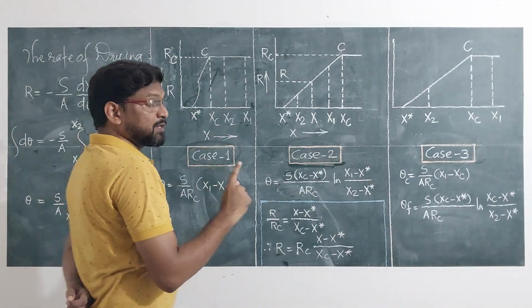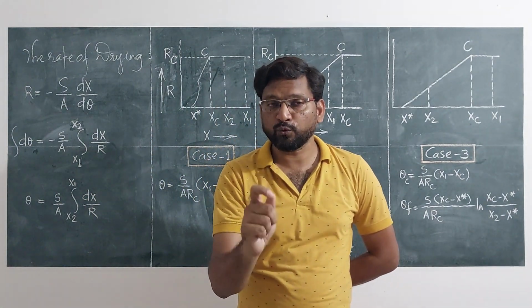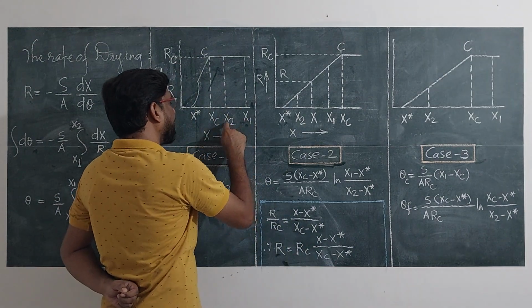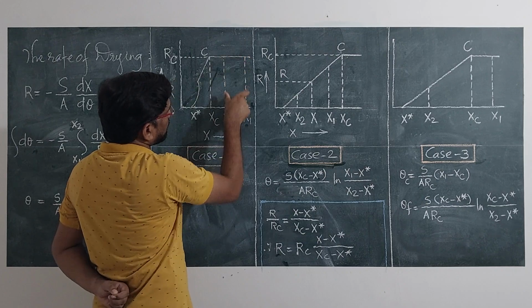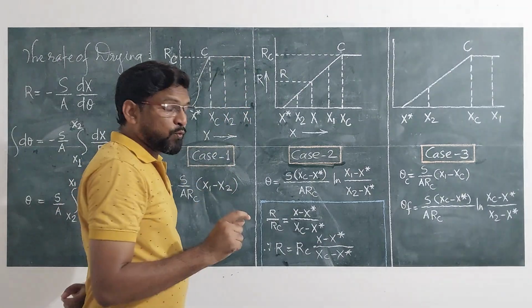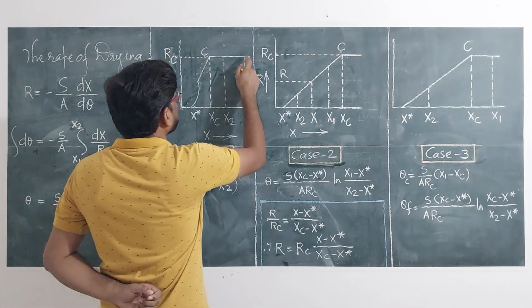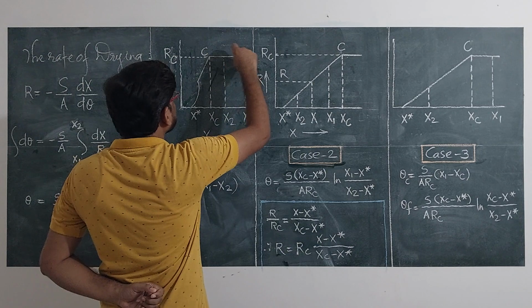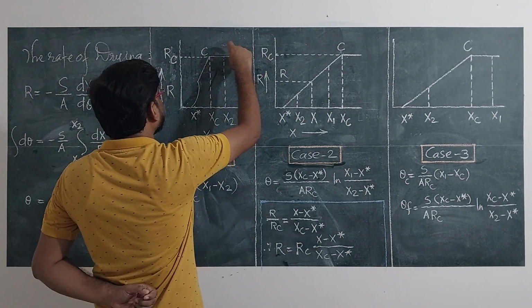Means the problem is we have to remove the moisture from x1 to x2, that is, this much moisture we have to remove. Now we are able to see this removal of moisture is along the constant rate drying part of the drying curve.